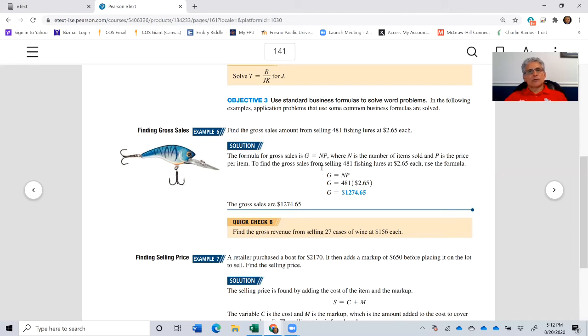They give us: find the gross sales from selling 481 fishing lures at $2.65 each. That's pretty straightforward. 481 multiplied by $2.65 gives you a total of $1,274.65. G equals $1,274.65.